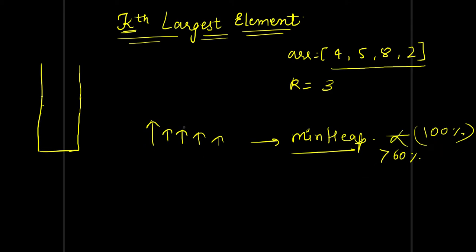So if the question is asking about maximizing, or the largest, the topmost, or the biggest, then you can try the thought of a min heap. But I cannot guarantee it works 100% of the time. The opposite is the same: if something is asking about decreasing, then I can use a max heap.